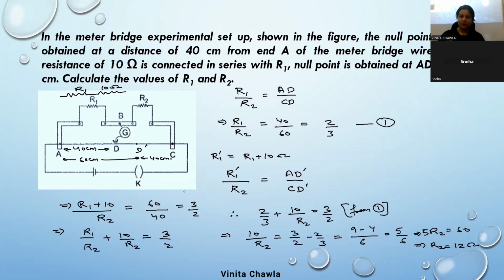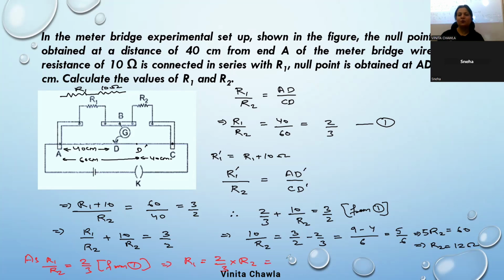R1 8 आ जाएगा. Put the value of R2 in the first equation as R1 by R2 is equal to 2 by 3. This implies R1 is equal to 2 by 3 into R2.